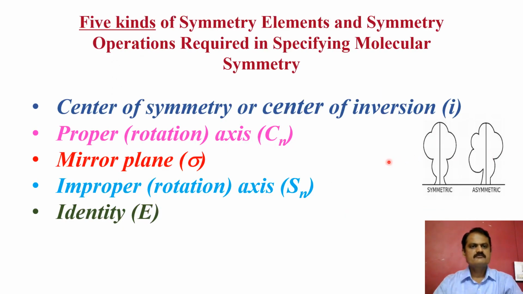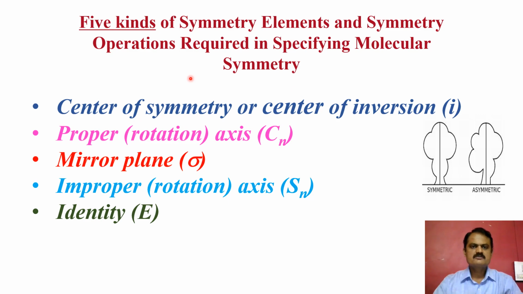Friends, five kinds of symmetry elements and symmetry operations are required in specifying the molecular symmetry, to determine the symmetry element and symmetry operation for a specific object, which is a molecular compound.